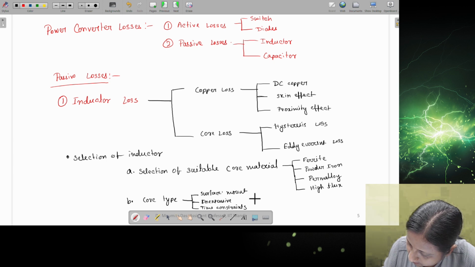Here I am writing surface requirement, it is related to size requirement.